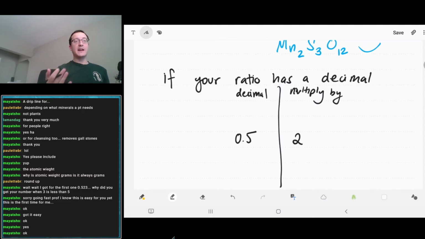That will get rid of any 0.5s you have, and that will turn everything into integers.